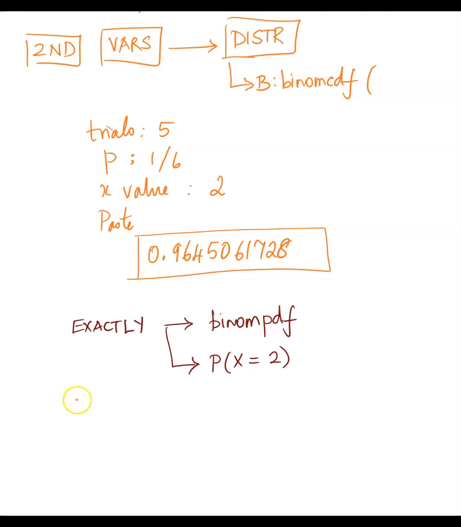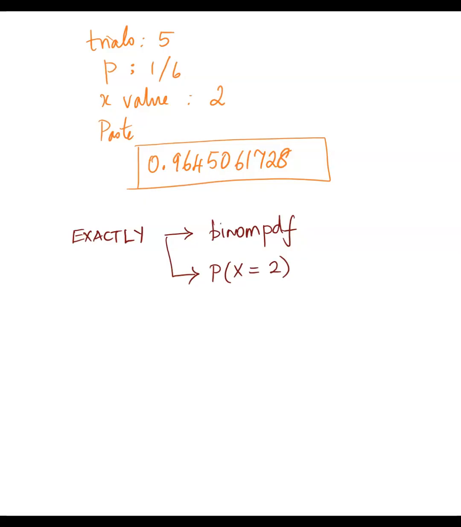Now, if we say anything that is a range of values, then we use cumulative. So then we will say fewer than. So a range of values will be binomCDF. It always adds from the 0 mark all the way to what value you're looking for. So you'll have to do more calculations to get the exact value.